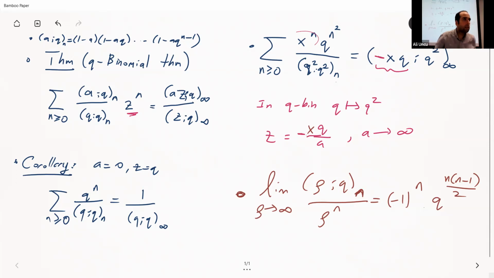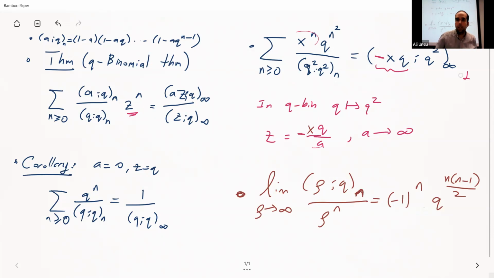We will get this part, correct? And on the bottom, we will have minus xq over a. So if a goes to infinity, this term will go to 0. So 0 base q squared infinity is just 1. So the denominator goes away. So there's that missing denominator, which is 1.